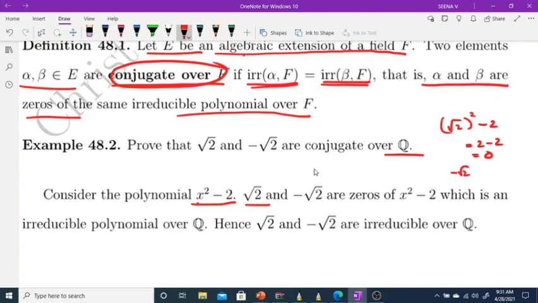Similarly, minus root 2 square minus 2 is the same as 2 minus 2, which equals 0. So both are zeros of x square minus 2, and clearly this is an irreducible polynomial over Q. Therefore, root 2 and minus root 2 are conjugate over Q.